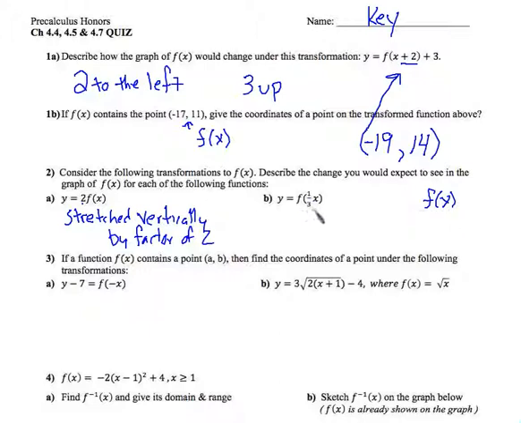So what happens with this one is your graph gets stretched, elongated, pulled out horizontally. So this gets stretched horizontally by a factor of 3.